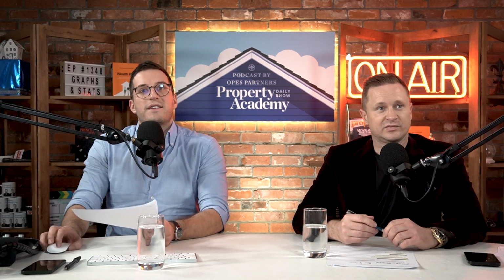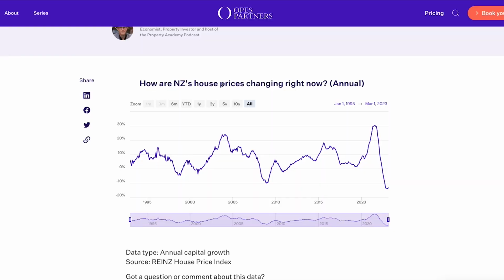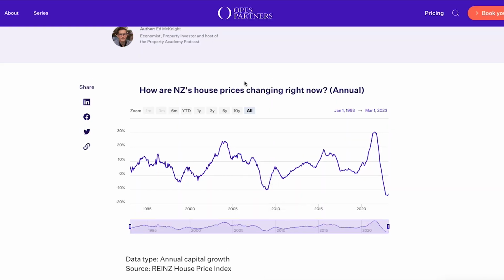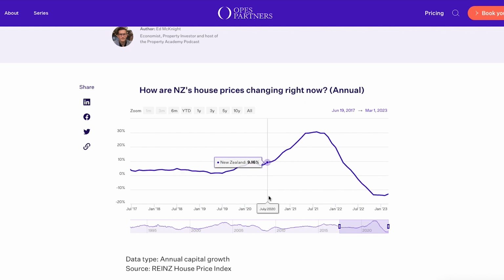Now, the first thing Tony suggested we should look at, and I totally agree with him, is how New Zealand's house prices are changing on an annual basis. And let me zoom in on this with the graph. This is my favorite feature. What we see is that house prices at their peak were increasing just over 30% year on year. That was back in August 2021.